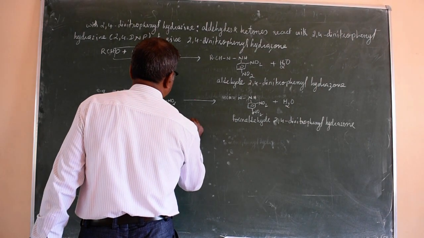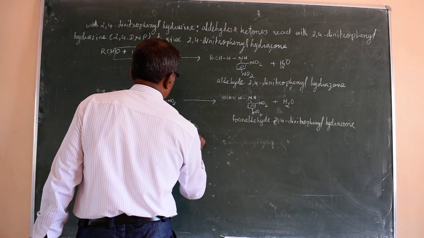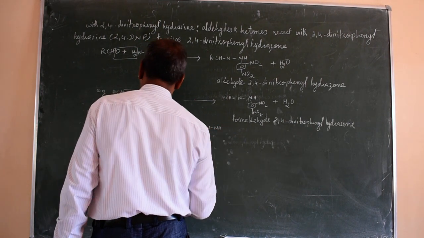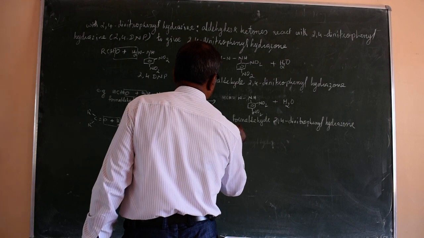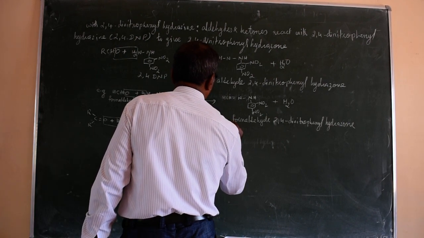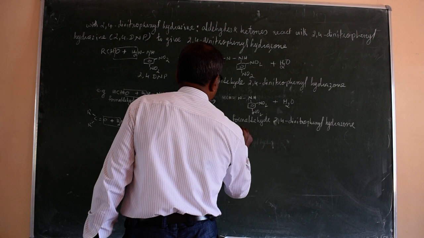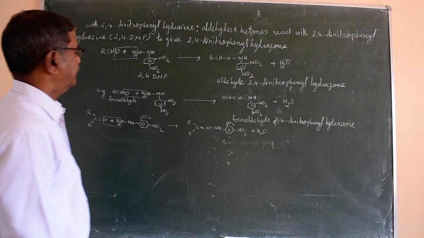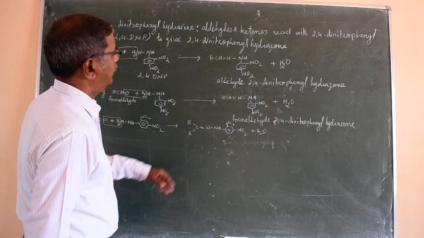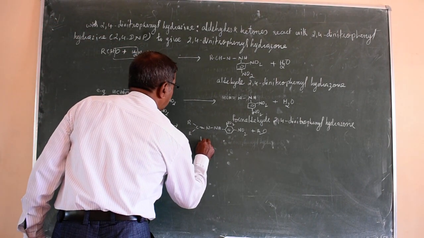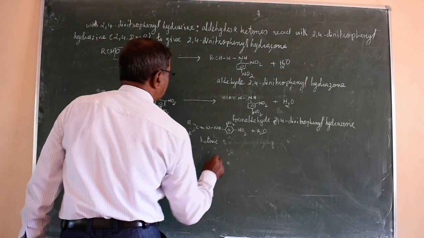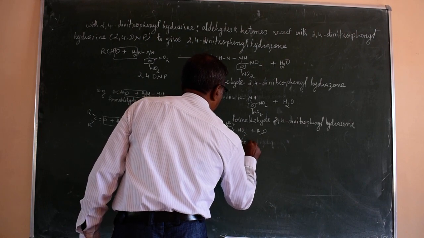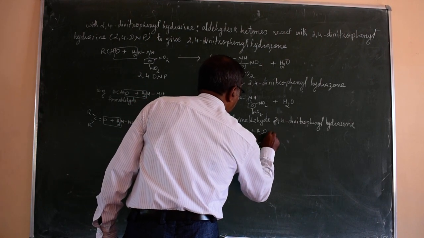The product obtained is R double bond N NH, then we have a benzene ring with NO2 on the second and fourth carbon, plus H2O. So, like aldehyde, it is ketone 2,4-dinitrophenylhydrazone.